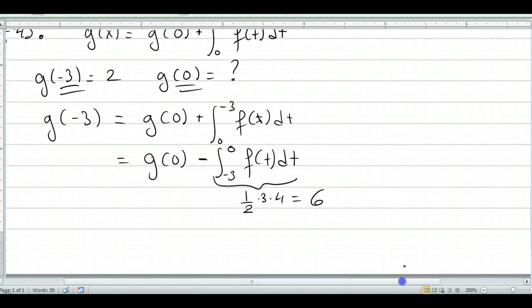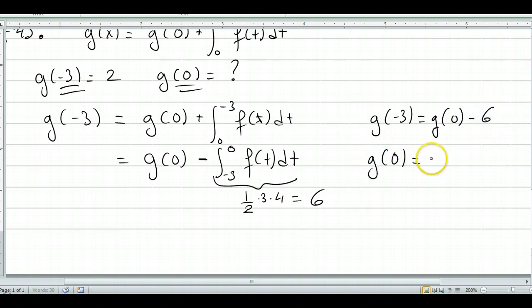So g of -3 equals g of 0 minus 6. So g of 0 is g of -3, which is 2, plus 6. Oh, I went a little bit too fast here. 2 plus 6 is 8, and so the answer is E.